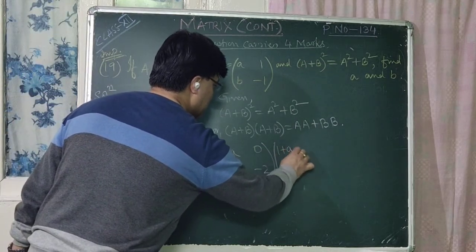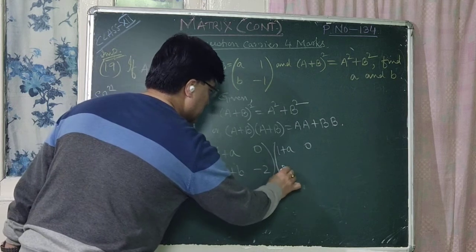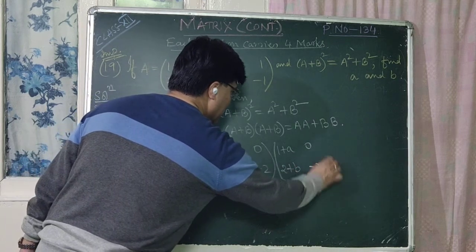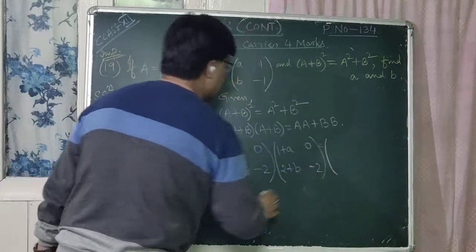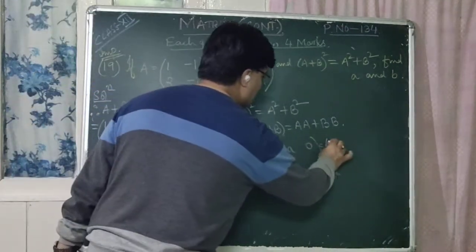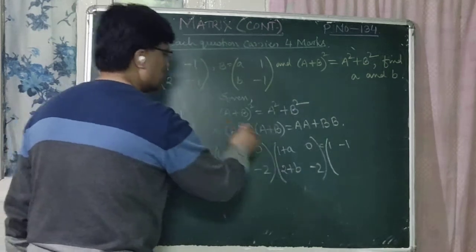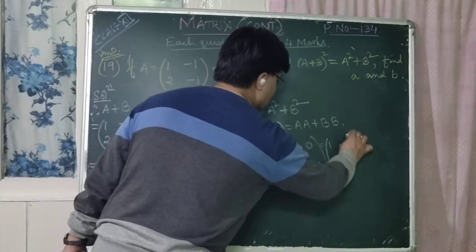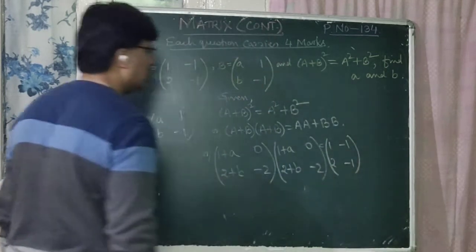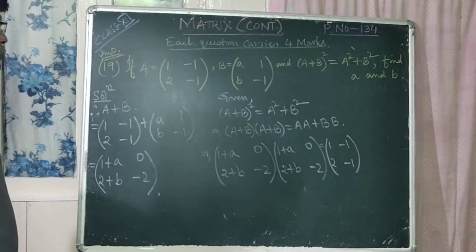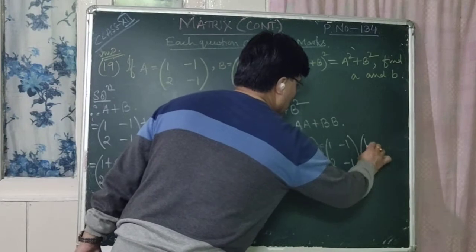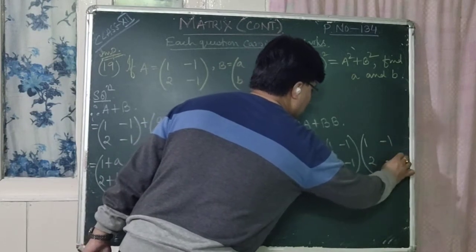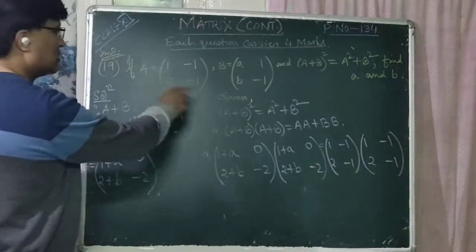It is 1 plus a, 0, and 2 plus b, minus 2, right? So which is equal to, what is A? A dot A, 1 minus 1, 2 minus 1. Again, what is A? 1 minus 1, 2 minus 1. Is that correct?